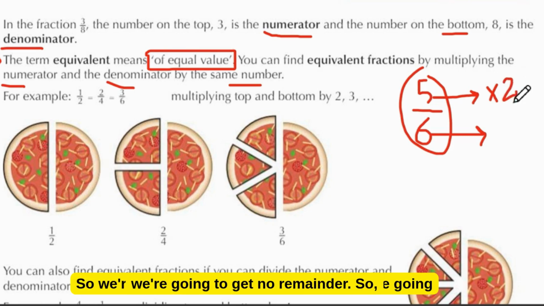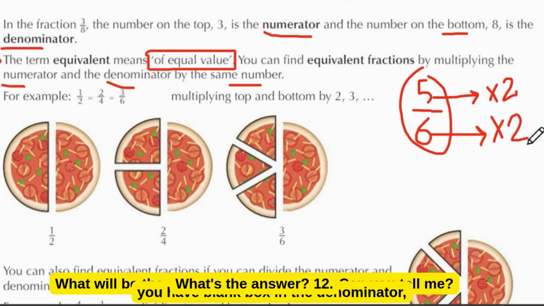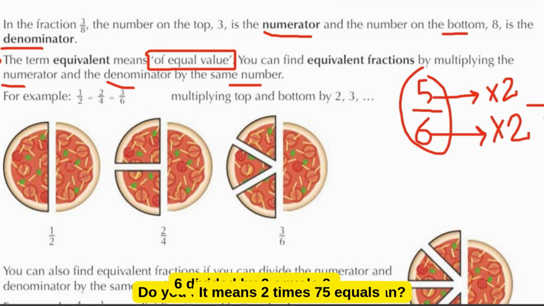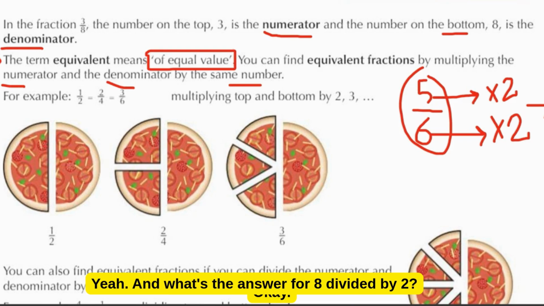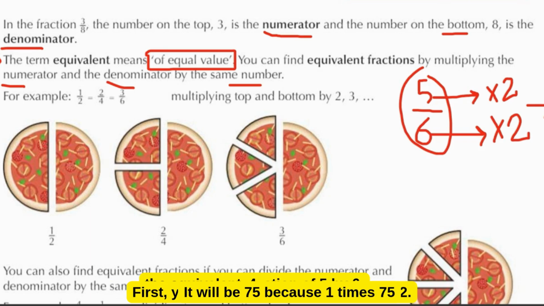So we're going to write 2 here as well as 2 in the denominator. What will be the answer? 5 times 2, 10. Very good. And 6 times 2, 12. So 10 by 12 is the equivalent fraction of 5 by 6.